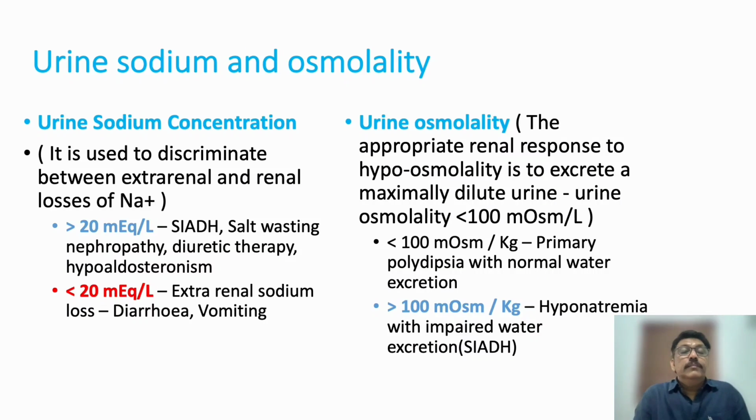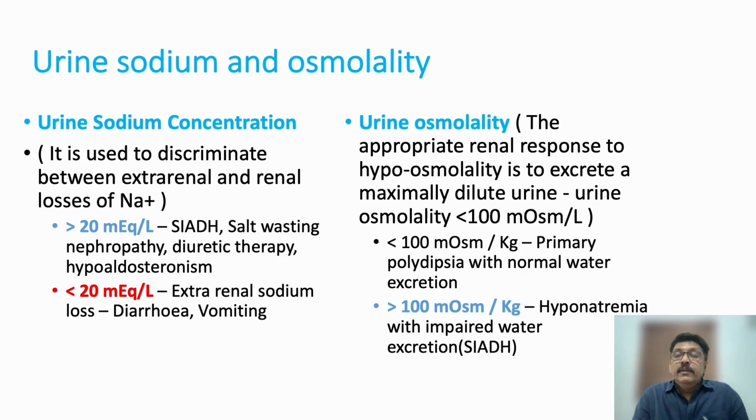Now, urine sodium and urine osmolality, these are the second two important investigations, because when there is hyponatremia, actually there should not be any renal loss of sodium. The body will try to retain the sodium inside our body. It will not send the sodium through urine. That is a check mechanism.